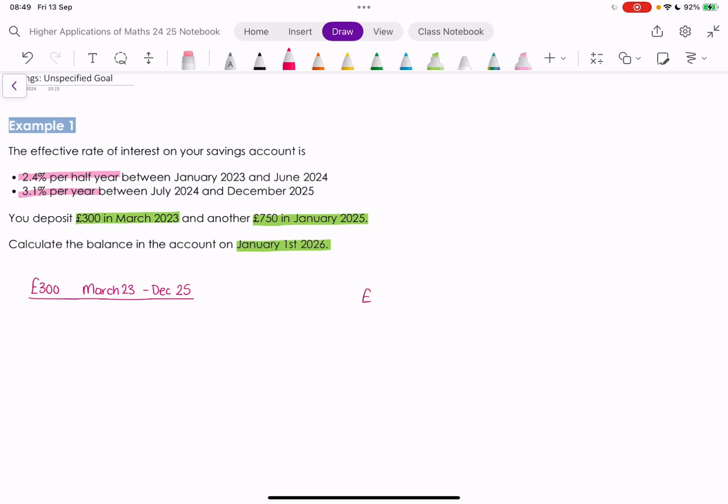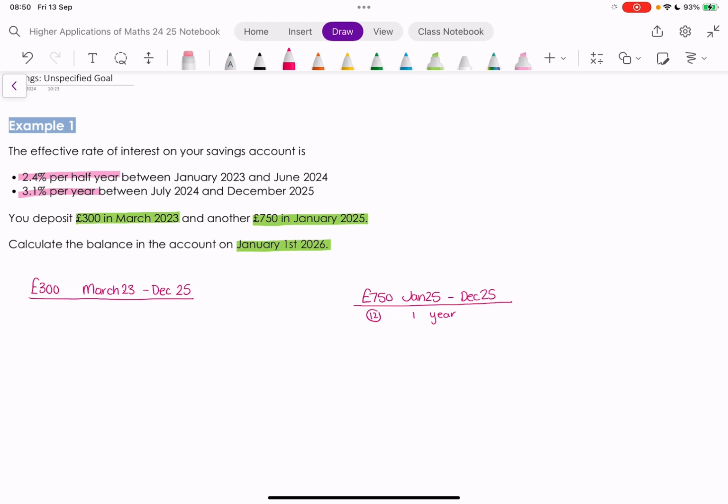Then we want to do the same thing again for £750, and that's going to be from January of 25, and again, think about till December 25. So I can clearly see that this is 1 year or 12 months.